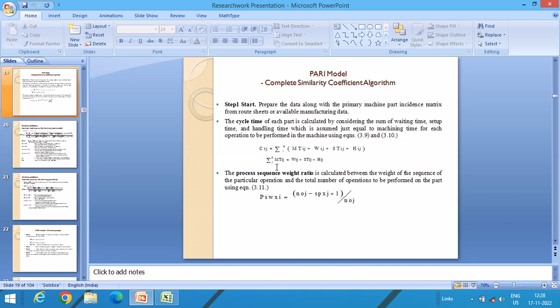Here, the manufacturing time is considered as almost double the value of the summation of waiting time, setup time and handling time. Next I am including this process sequence weightage ratio. This is calculated as the number of jobs minus the job sequence plus 1, divided by the total number of operations of the particular part J.